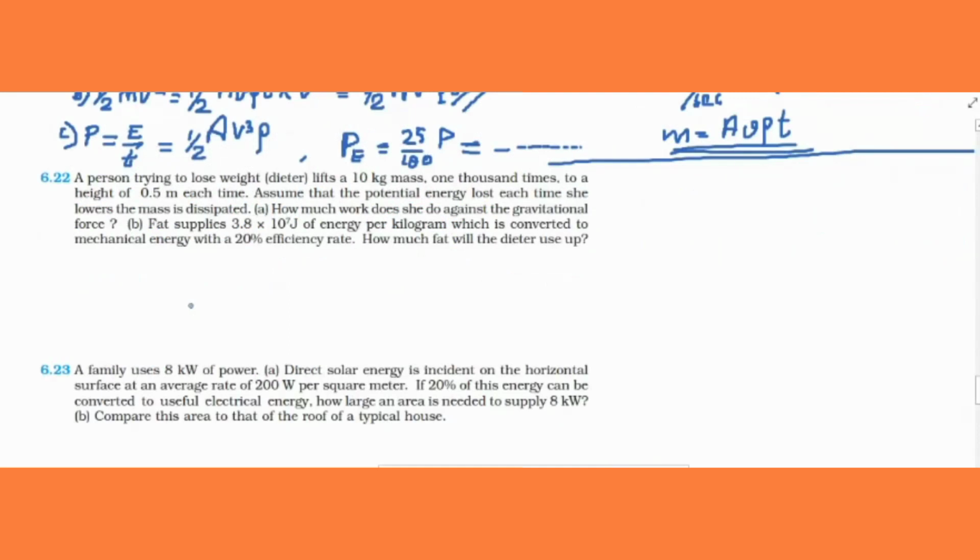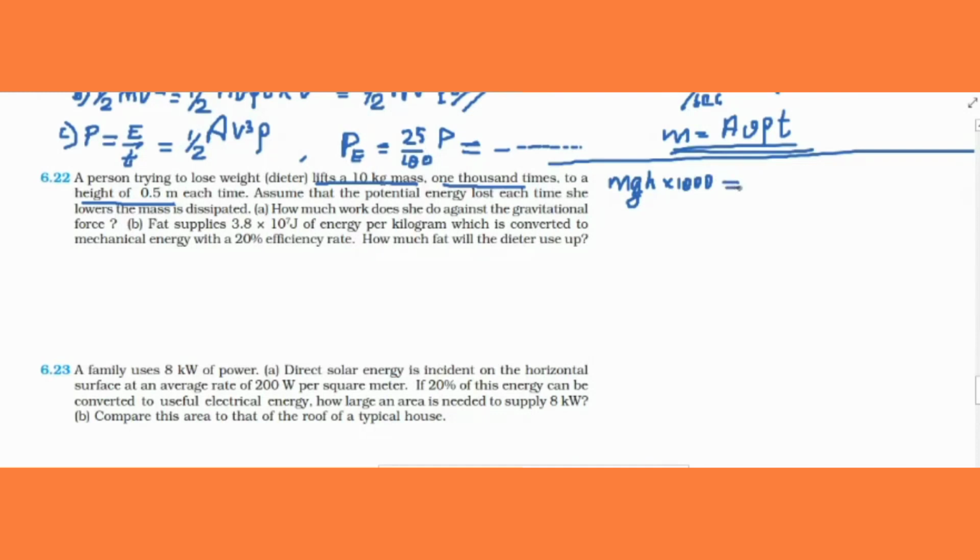Next, question 22. A dieter lifts 10 kilogram mass 1000 times to a height 0.5 meter. Means you can calculate potential energy there, mgh, 1000 times.